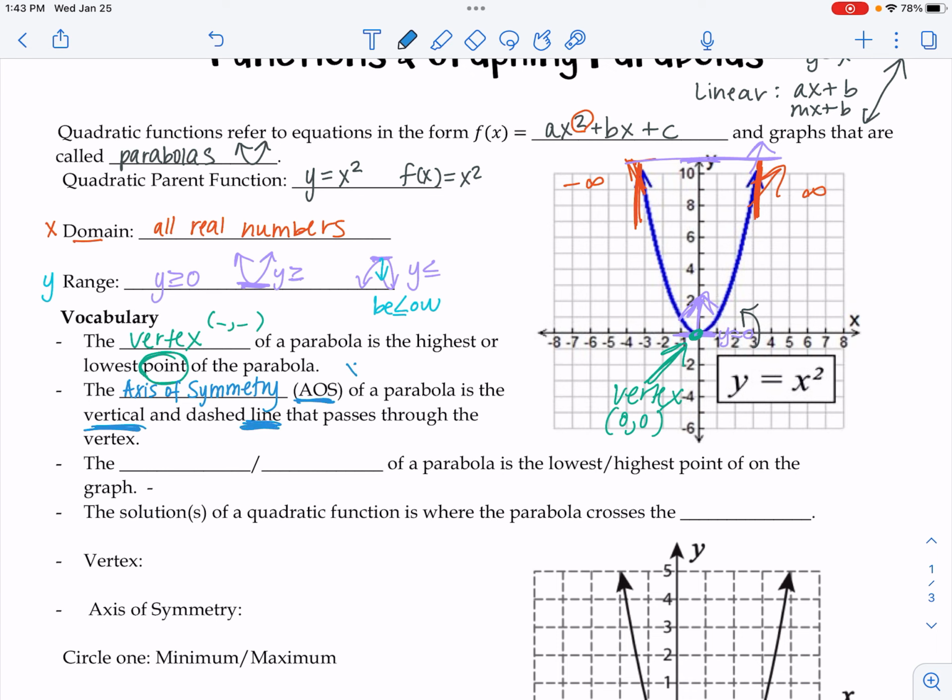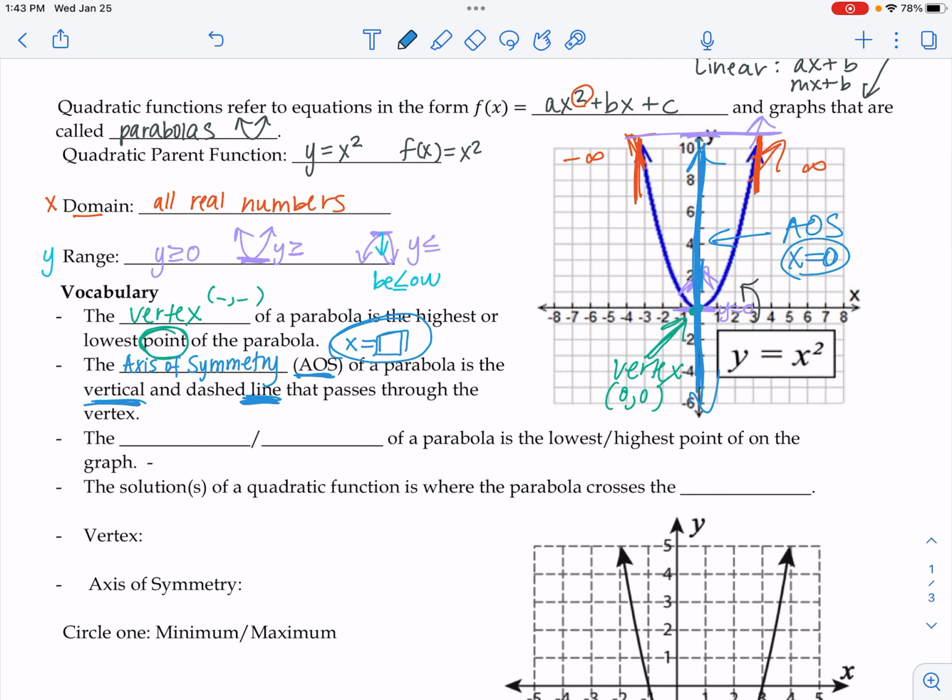And so that's important, that it's always going to be an x equals equation. Always the x equals. If you don't have the x equals, it's wrong. And so for our parent function, this axis of symmetry is the vertical line x equals 0. It crosses the x-axis at x equals 0.